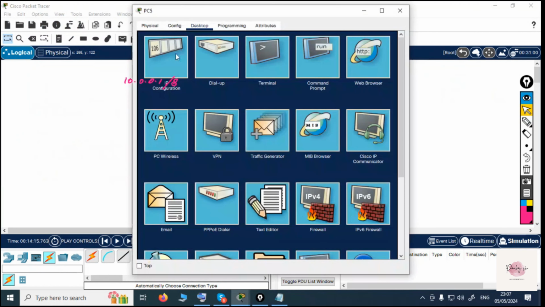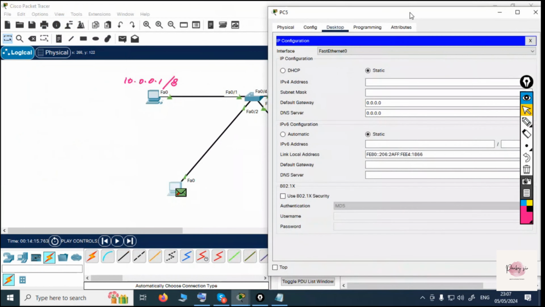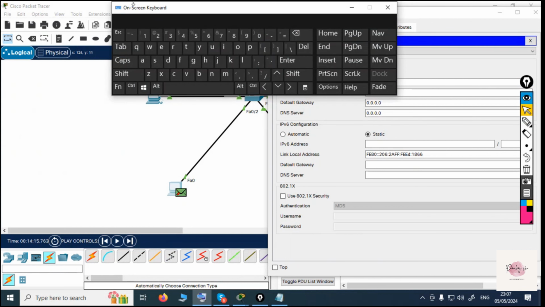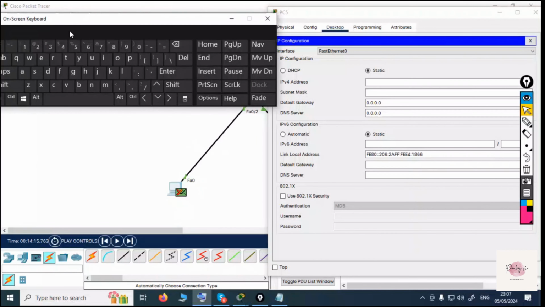Now let us configure 10.0.0.2. It will again send a broadcast request, an ARP request.